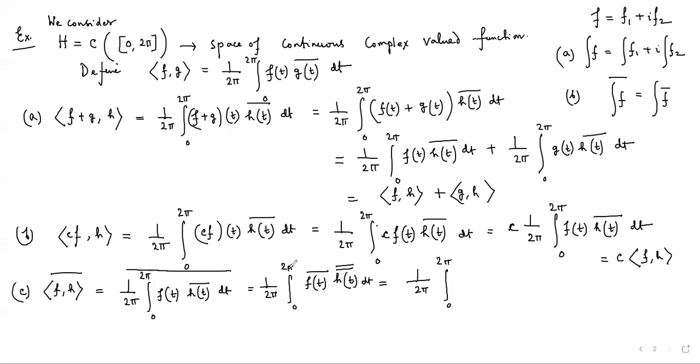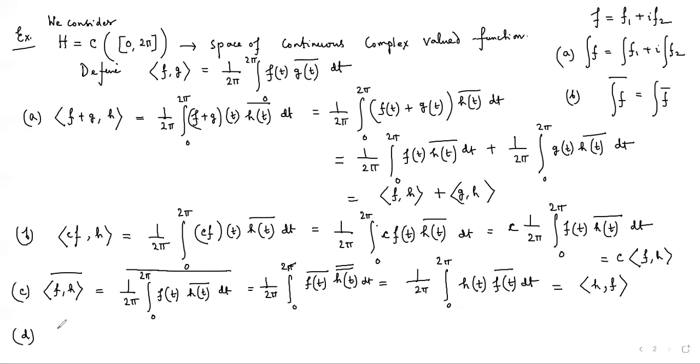This is pi. Sorry, my handwriting is bad. ht bar is the same as ht, and again we can interchange. As you know, these are continuous functions, and we can write it as the inner product of h and f. Shouldn't it be ft bar? Yes, ft bar, thank you.